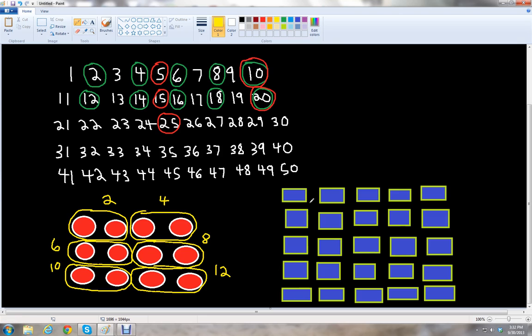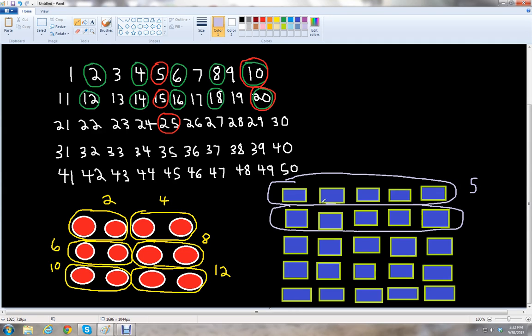So we'll see 1, 2, 3, 4, 5, and we'll write down 5. And then this is another group of 5, so we have 10. Another group of 5, got 15. Another group of 5 gives us 20.